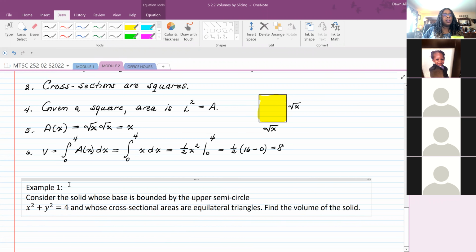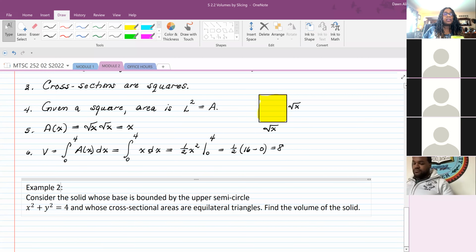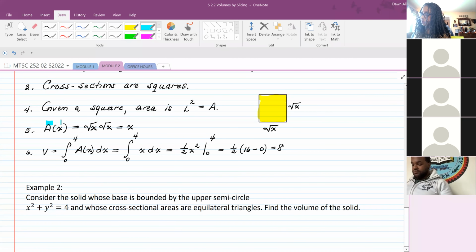Quick question. After A of x dx equals the integral from 0 to 4 of x, what did you do to get that x right there? x is the area. The area was the square root of x times the square root of x, which was x.